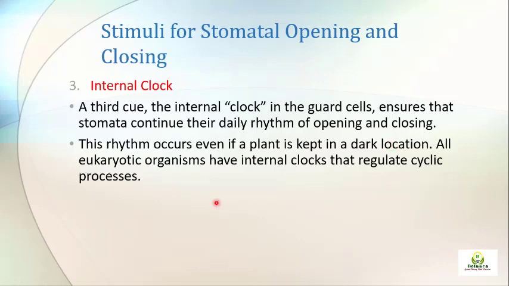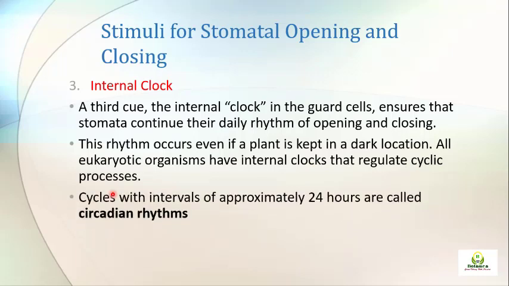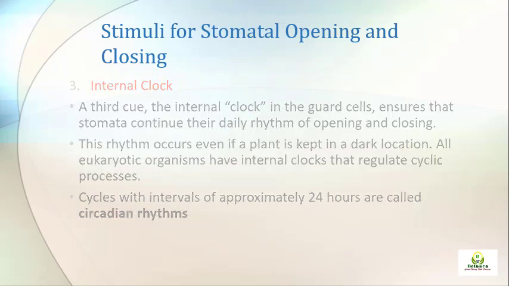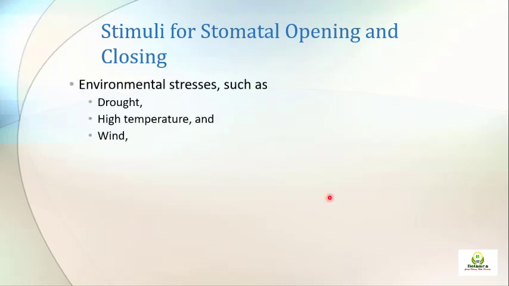So all eukaryotic organisms have an internal clock that regulates cyclic processes, and it has to do with humans as well. That cycle, with intervals of approximately 24 hours, is called the circadian rhythm.